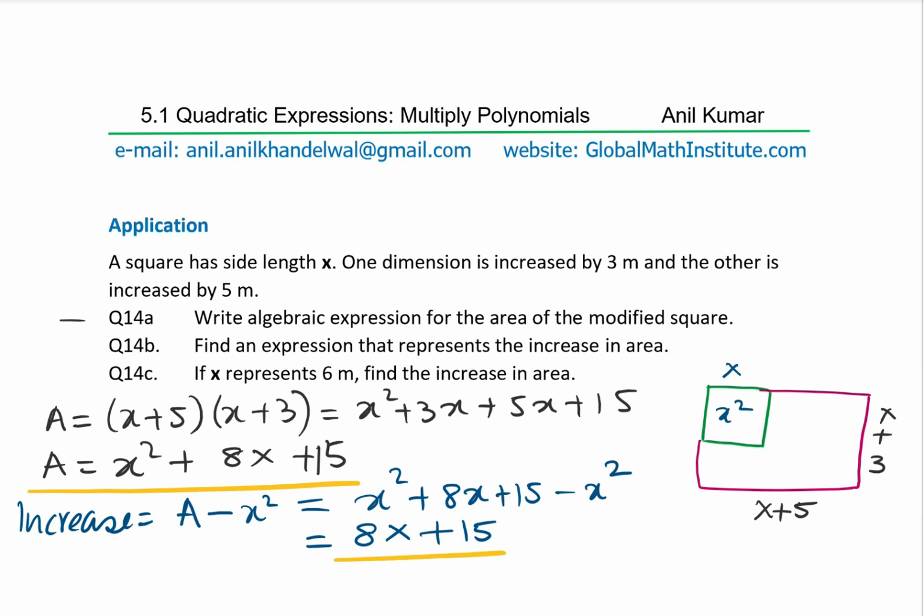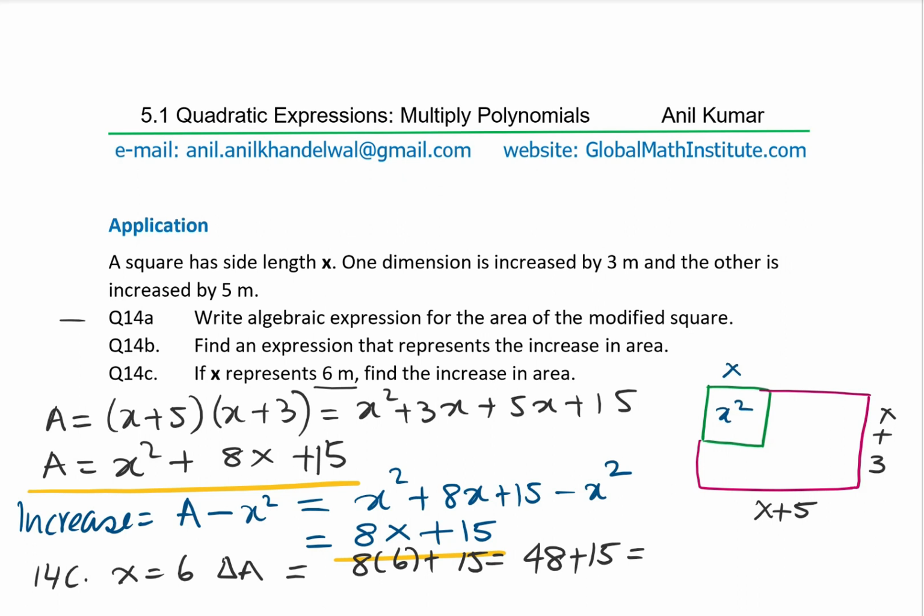Now, part C is if x is equal to 6 meters, find the increase in area. So 14C is when x equals 6 meters, then increase area, let me write delta A. So I'm going to substitute 6 for x. We get 8 times 6 plus 15, 48 plus 15.